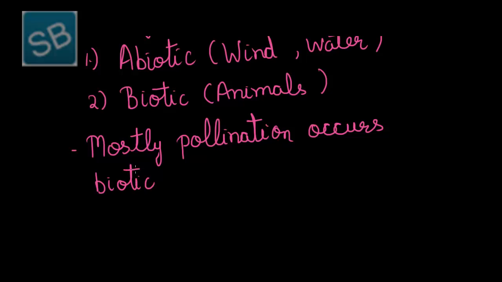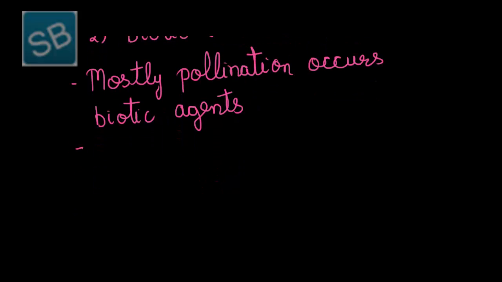That is, pollination in flowers generally occurs with the help of biotic factors like animals. However, there are only a few plants in which the abiotic agents are needed.